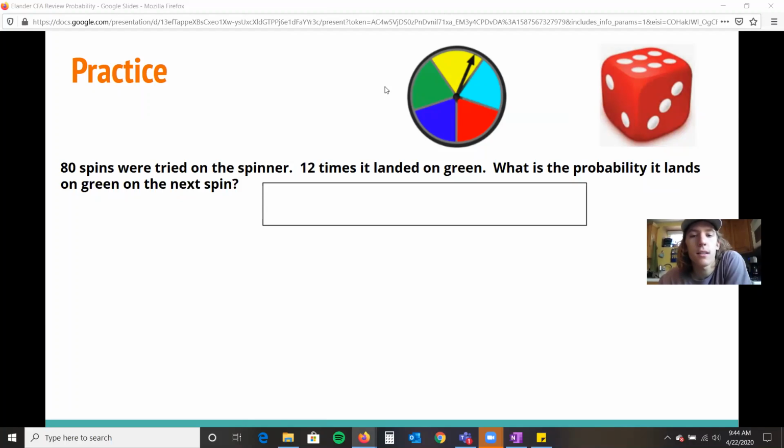So 80 spins were tried on the spinner. 12 times it landed on green. What is the probability it lands on green on the next spin? So just the very next spin, what's the probability? Take about 10 seconds to think about it.